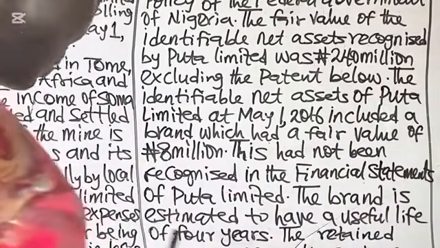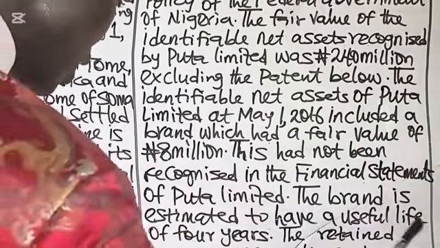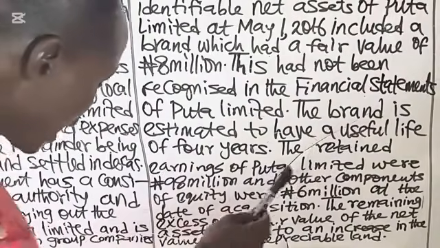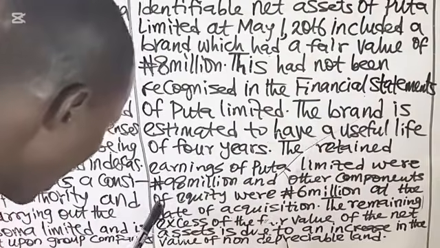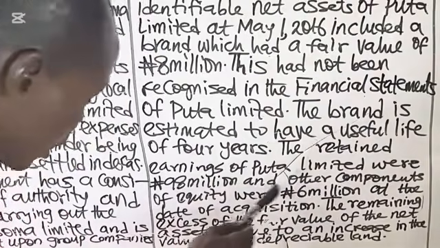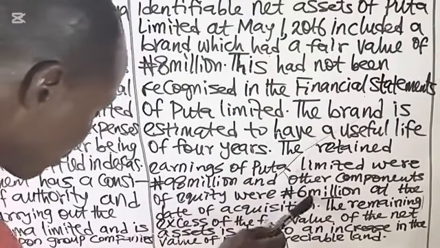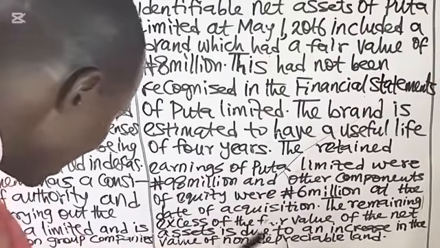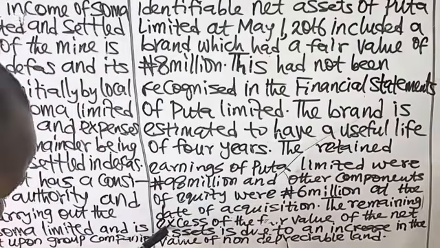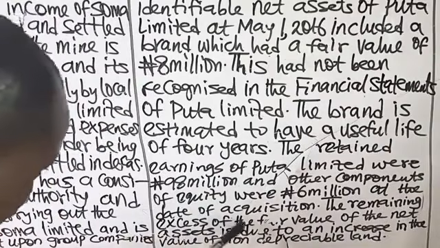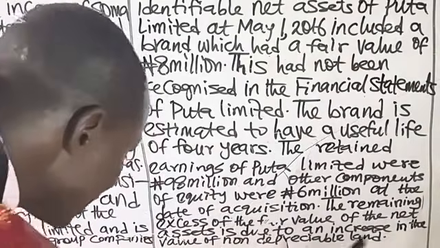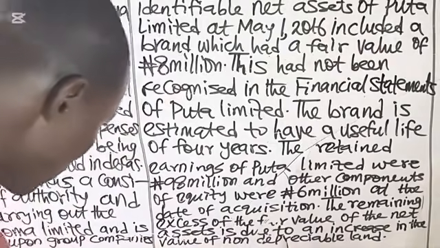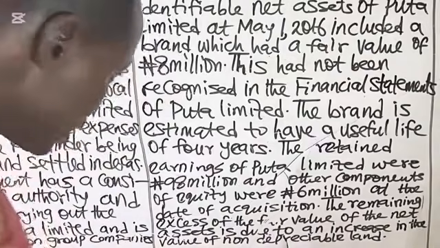The brand is estimated to have a useful life of 4 years. The retained earnings of Puta Limited were 98 million Naira, and other components of equity were 6 million Naira at the date of acquisition. The remaining excess of the fair value of the net assets is due to an increase in the value of non-depreciable land.